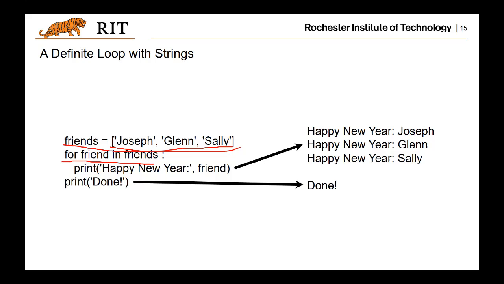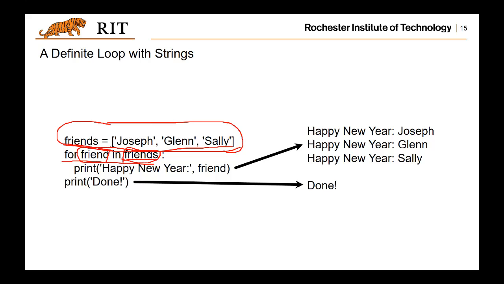Basically, for friend in friends. So this friend is a variable, and this friends is this array. That means you want to take every element inside this friends array and do something.